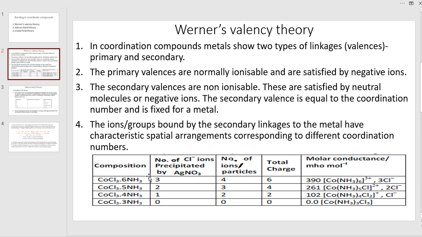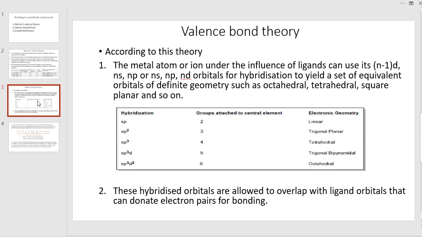This is the first theory. The second theory is valence bond theory, and it is almost similar to the valence bond theory we discussed in class 11th, right? But a slight difference also exists, because a lone pair of electrons is involved here.